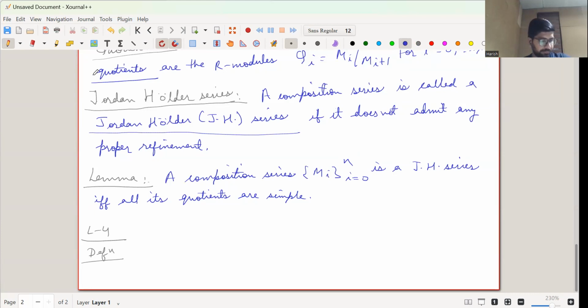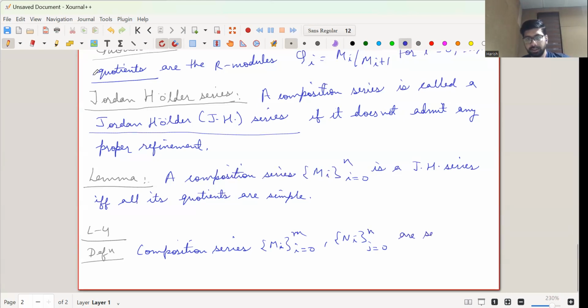So it says, a composition series m_i, i equal to 0 to n, and say there is another composition series, n_j, from j equal to 0 to n.